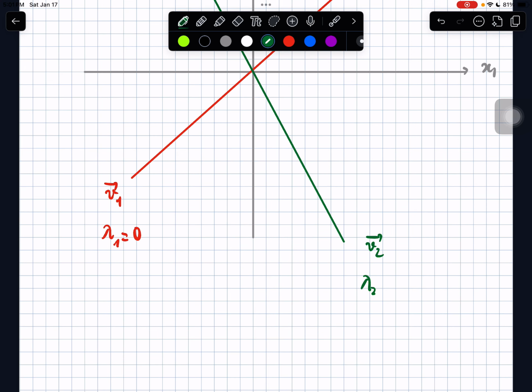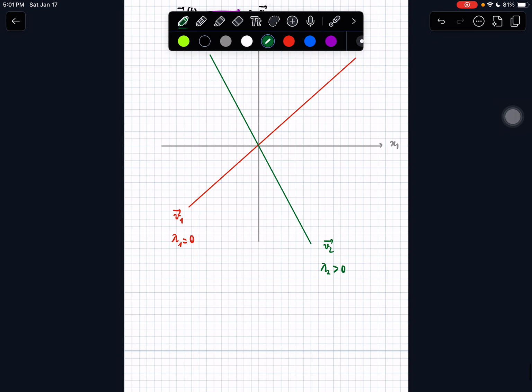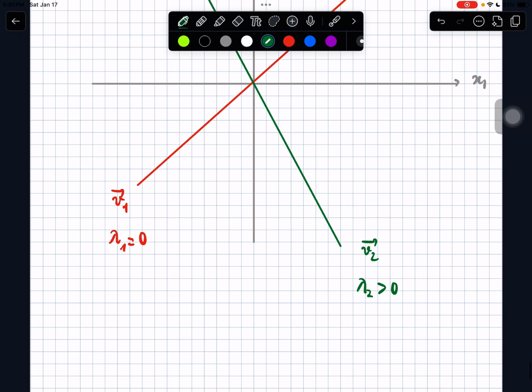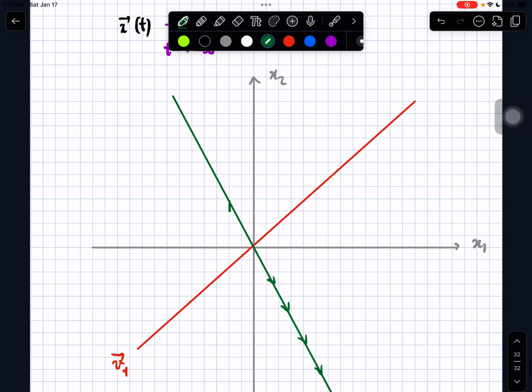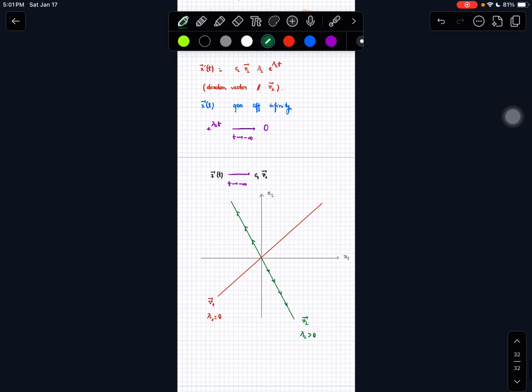It corresponds to lambda 2 positive. So along this line it goes off to infinity. The one with e^(lambda 2 t). So that's the first thing.